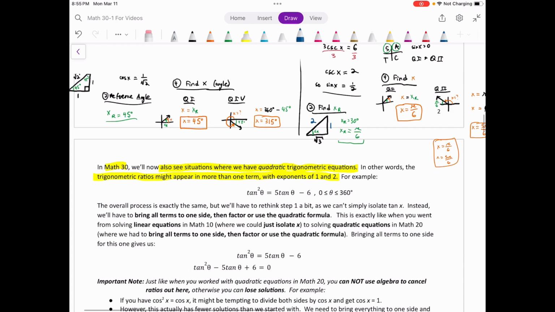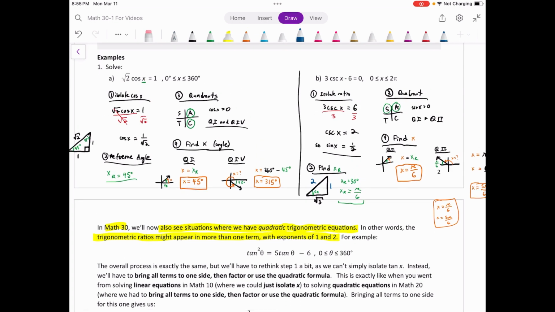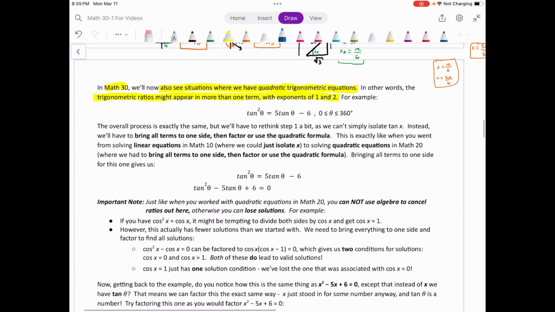So instead of just having situations like this, where it's, okay, get cos x by itself or get cosecant x by itself, right? Now, we can't really just get something like tan theta equals stuff, right? Because we've got a tan squared theta and we've got a tan theta, okay?